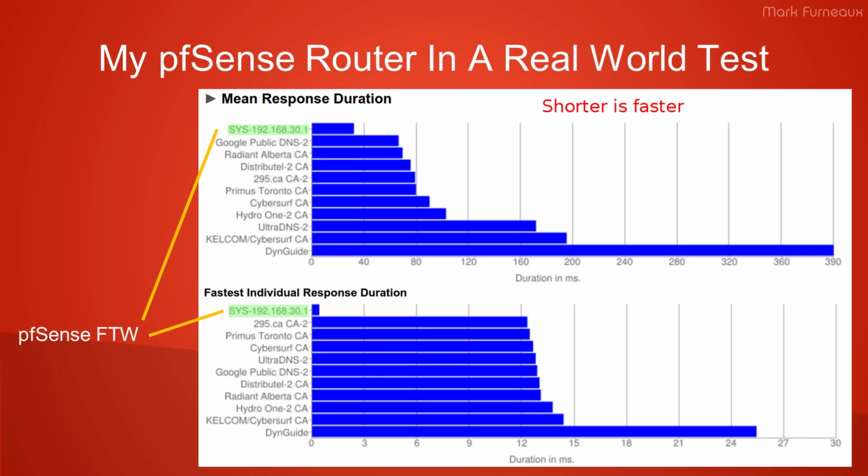So you really do get a performance improvement with running a DNS cache. And the more devices you have on the network, the more DNS traffic you normally have, the more of a performance improvement you'll see, because the more traffic will end up being cached.